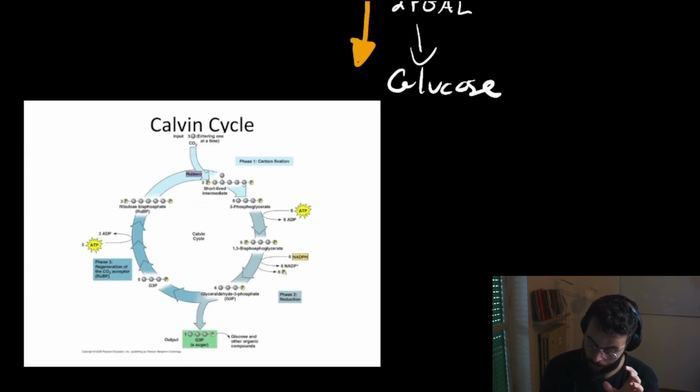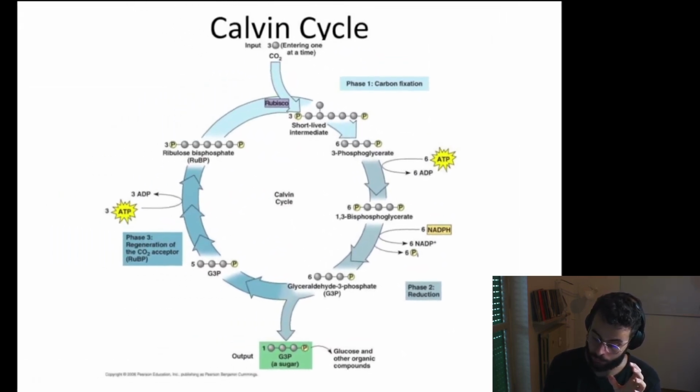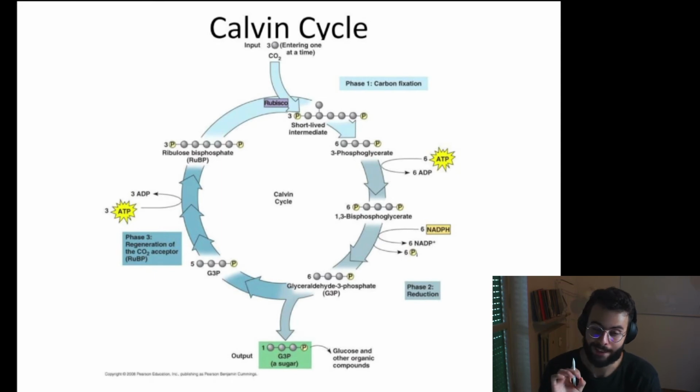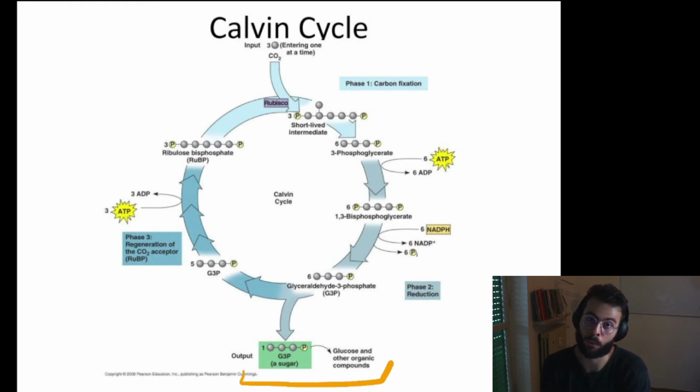Now I want to zoom into the cycle and allow you guys to understand what's going on in detail. The Kelvin cycle actually occurs twice. Each Kelvin cycle is going to produce 1 molecule of G3P, of the sugar or pGAL. We have G3P, we call it pGAL, they are different names. What are we going to do with the 1 molecule?